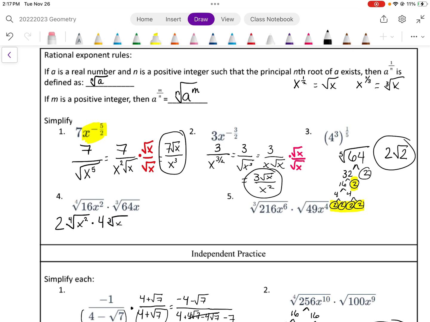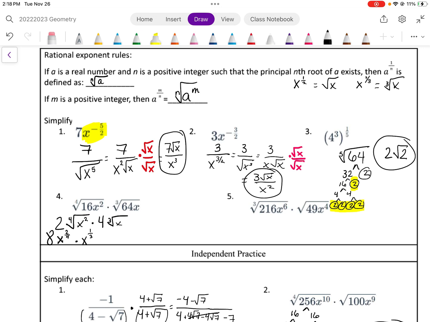But I'm going to leave my x underneath because I cannot take the cube root of an x. Okay, I'm going to put my 2 times 4 out the front. So this is what I have right now. I'm going to rewrite these as an exponential now, or as rational exponents. So I'm going to have x to the 2 over 4 times x to the 1/3.